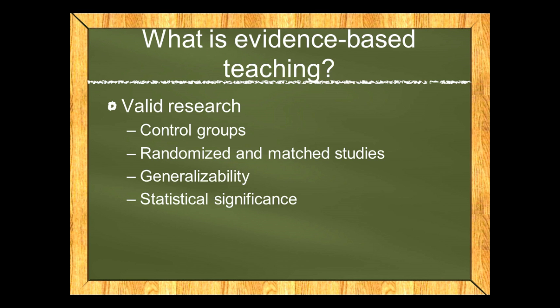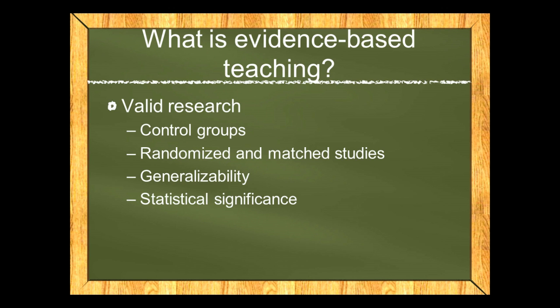So another kind of hallmark of what constitutes valid research would be this idea of generalizability, and that is that the findings are applicable to the target population that the study was attempting to look at. So if the study looked at struggling readers, all of the criteria about the way the study was designed should allow you to believe that the results and the findings of this study are generalizable to other struggling readers, right?